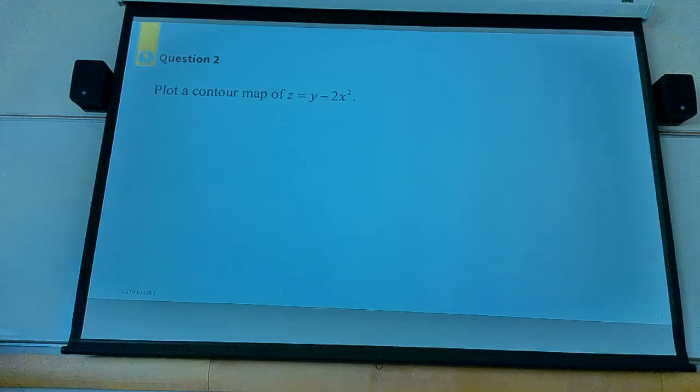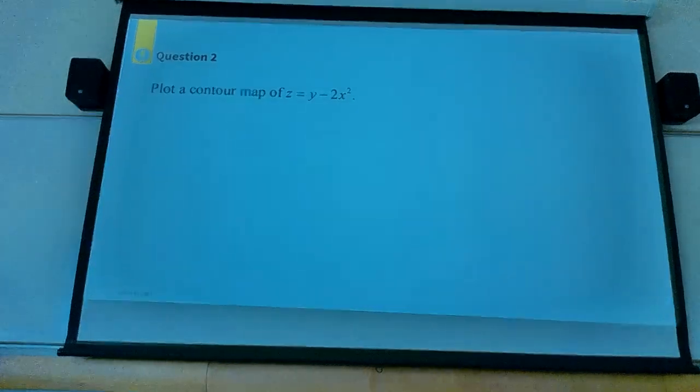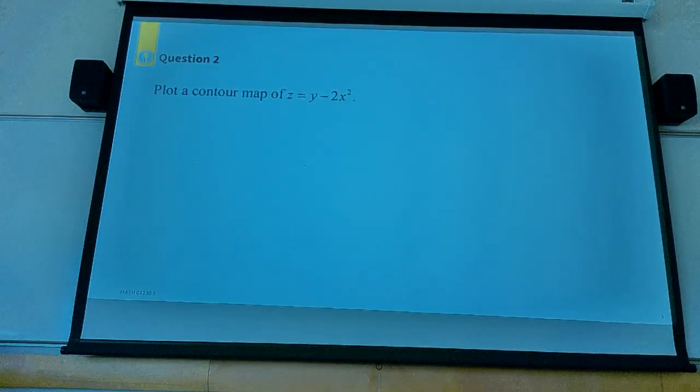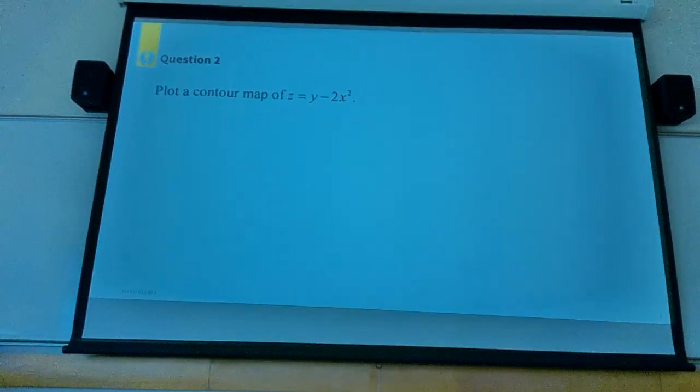Creating a contour map. We're going to use technology for this.